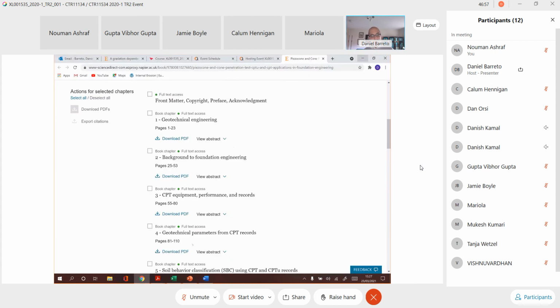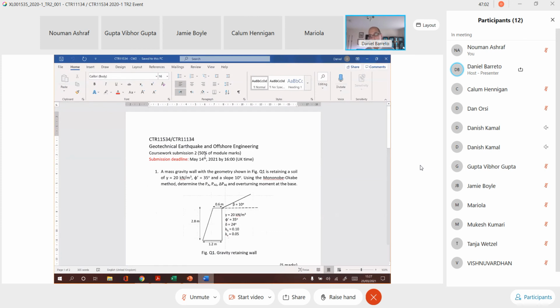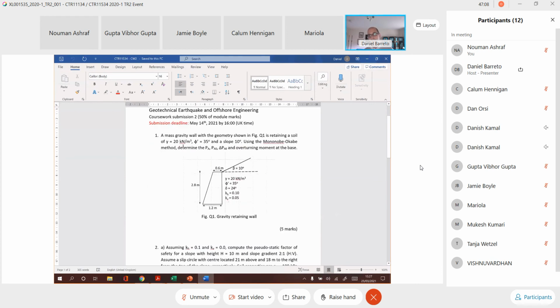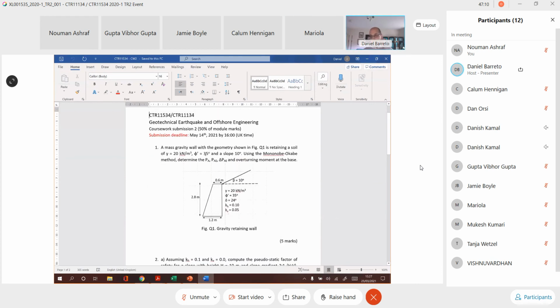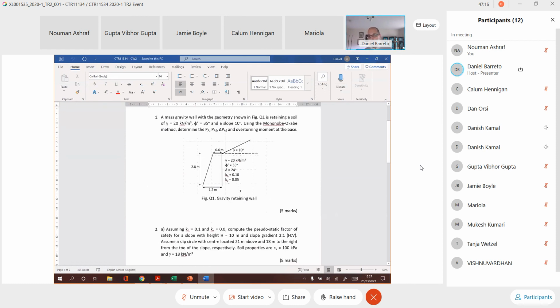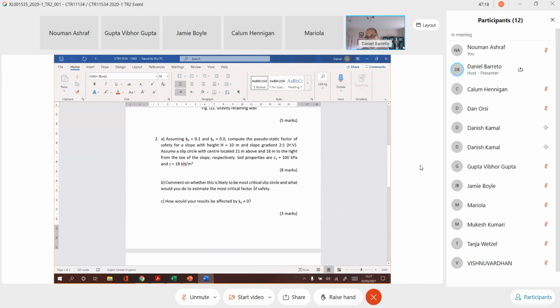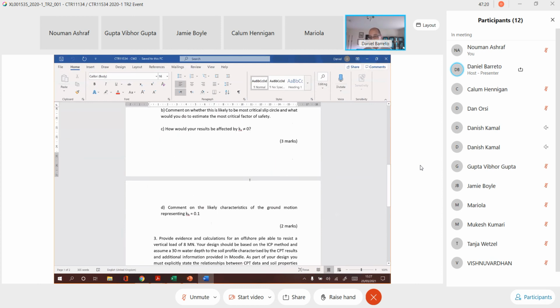But what you will also see in Moodle later on is that your formal coursework brief is now ready. So you have your coursework, as I'm showing you here on the screen, with the first question that I showed you a few weeks back, which is really easy. Then the second question that I gave you last week, which is also relatively straightforward, but a little bit more onerous than the first one.